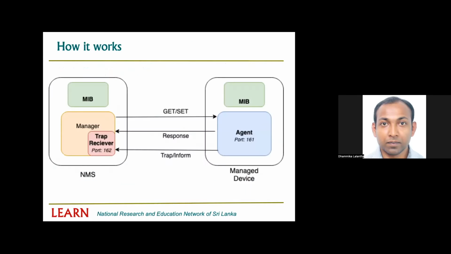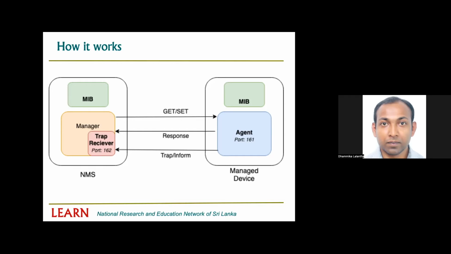Normally in the NMS we can keep the MIB, but it is not essential. We can also request and get information from the agent using this numbered OID, so we don't need the MIB. But in practical situations, we get the information by name, like, system, give me the sysName. The manager asks the agent.